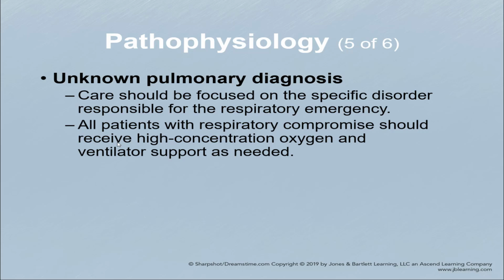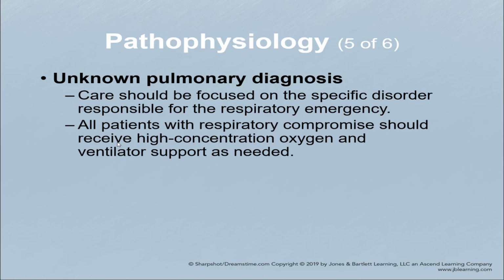Regardless of the specific disorder, all patients with respiratory compromise will receive high concentrations of oxygen and ventilatory support as needed. Now, I know National Registry gets on this, saying if sats are 95 and above, you don't really need to put them on oxygen. Again, look at your patient. Treat the patient you have in front of you. If that patient's having a true respiratory emergency, what's the easiest way we can ensure diffusion?